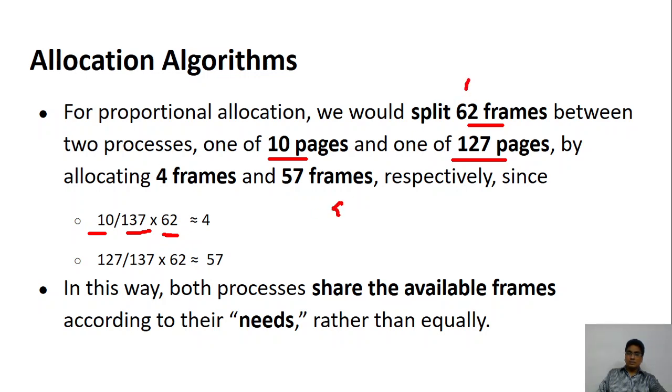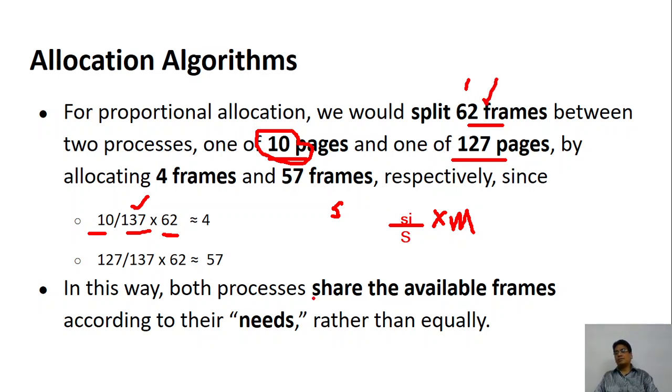This is Si divided by S, into the total number M. So the total requirement is 10 plus 27 and so on, that is 137. 10 is one requirement, 10 by 137 into what is available, 62, and you get that.